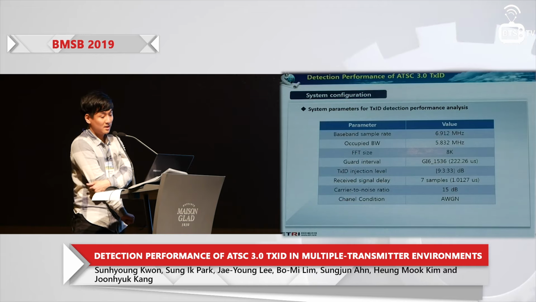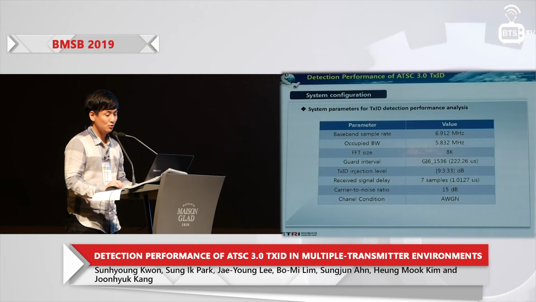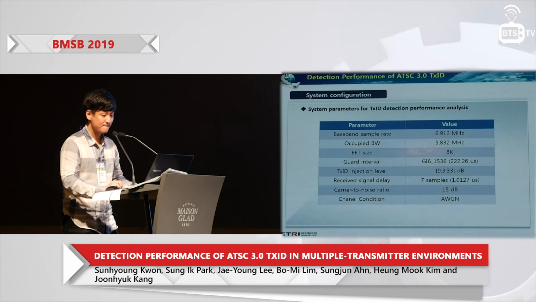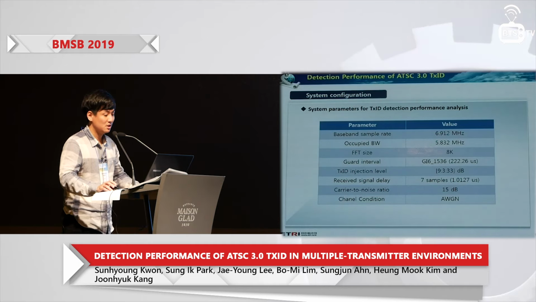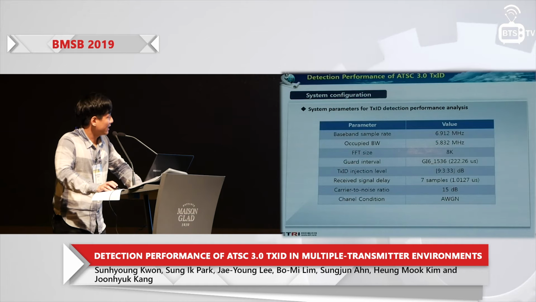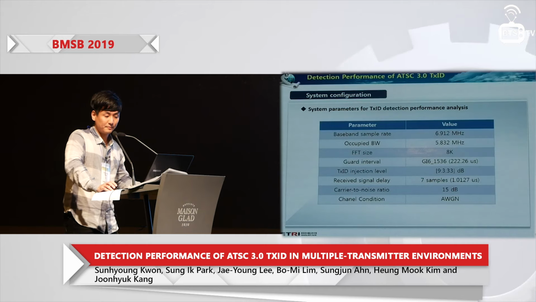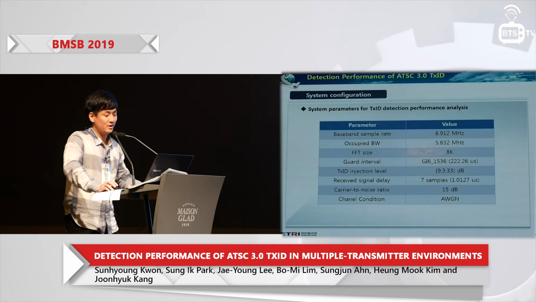For the TxID injection level, we use 9 dB to 33 dB. The arrival time difference between the received signals from each transmitter is assumed to be 7 samples, so in time scale approximately 1 microsecond. And each received signal power is set to 15 dB CNR under an AWGN channel.